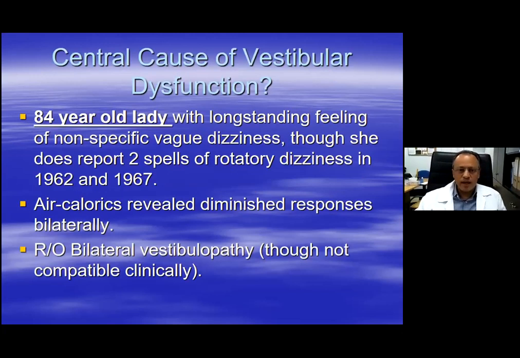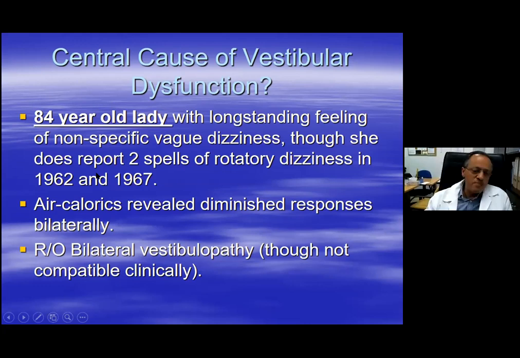And here I show a case of possible central cause of vestibular dysfunction, which can produce good arguments as well. So I present here an 84-year-old lady with long-standing symptoms of vague dizziness, not described as vertigo per se, over many decades.